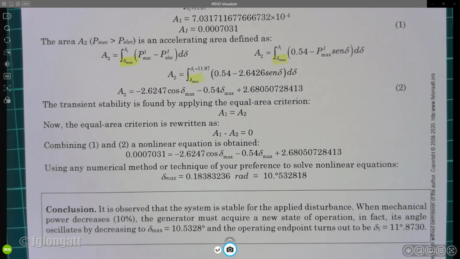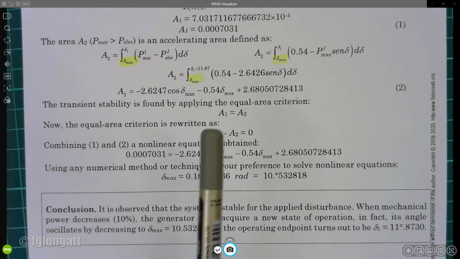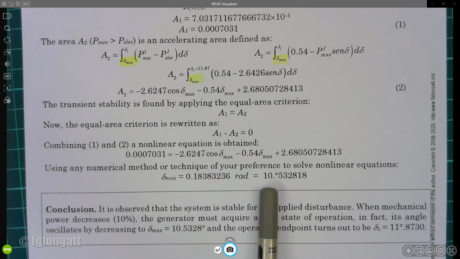If you use any numerical method, you will obtain the value of delta max. And you can see that the solution is 10.5 degrees. As you can see, we obtain an angle. That angle is delta max.